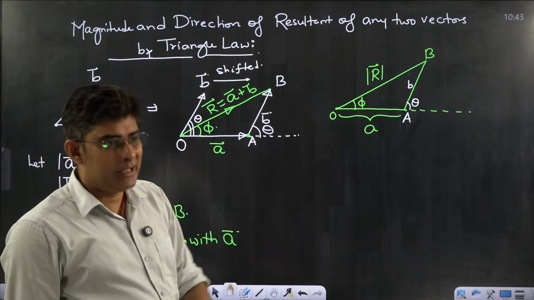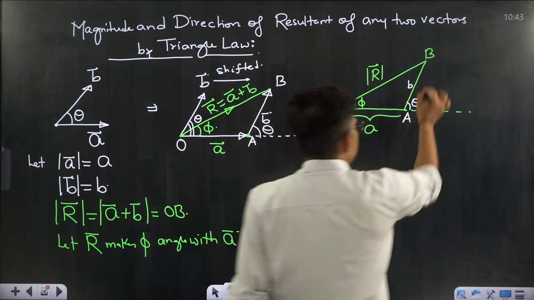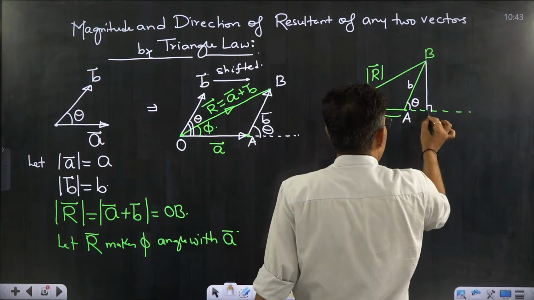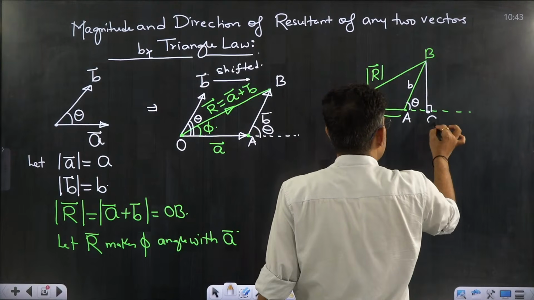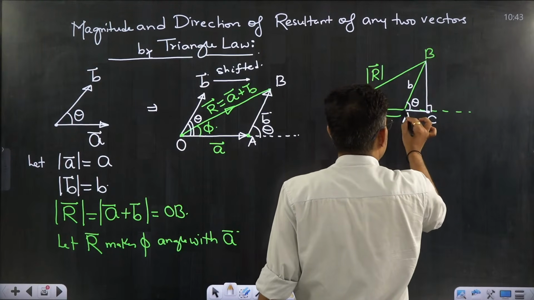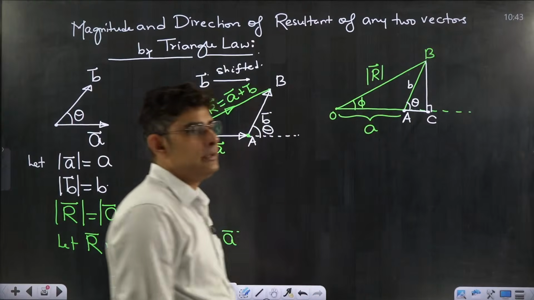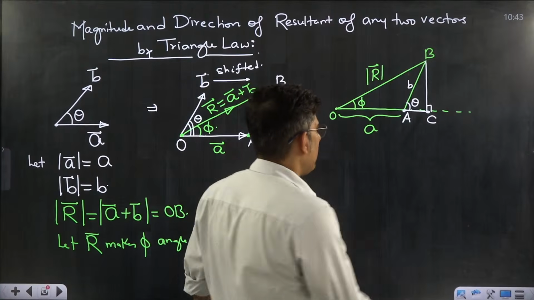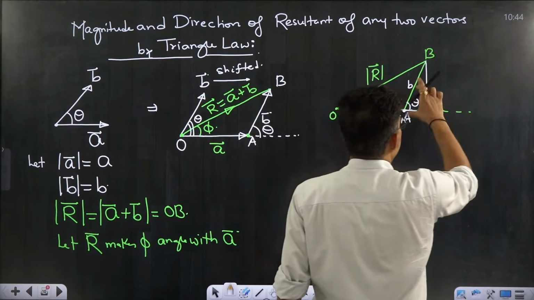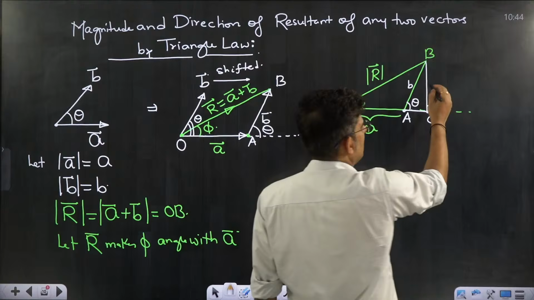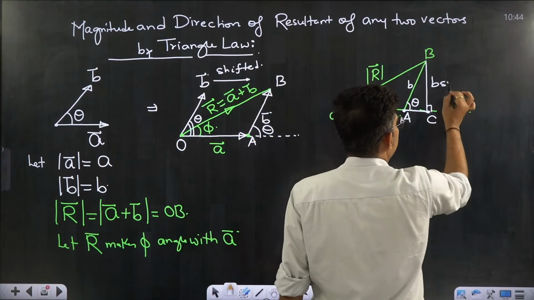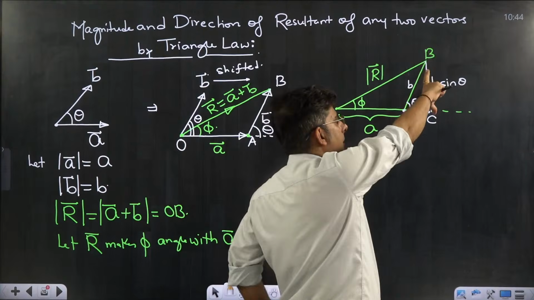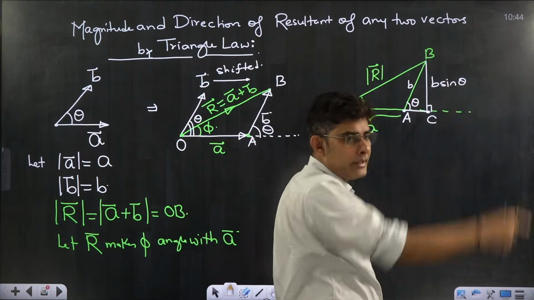So we make a small construction. We just drop a perpendicular as per our wish, and call this point C. Once I do that, by trigonometry sin theta will be BC by B. Sin theta is perpendicular by hypotenuse, so perpendicular will be hypotenuse into sin theta.